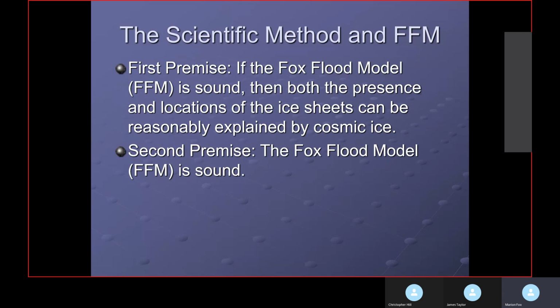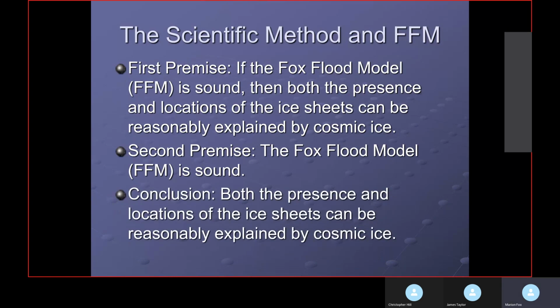A diamagnetic is not magnetized at any temperature, but it is repelled by a magnet, at least faintly repelled, and can even be strongly repelled. Water is diamagnetic. And so water in the form of ice would be deflected and moved by the magnetic field of the Earth, and that would funnel the ice in at the polar regions where the magnetic field is. And so both the presence and location of ice sheets can be reasonably explained by cosmic ice.